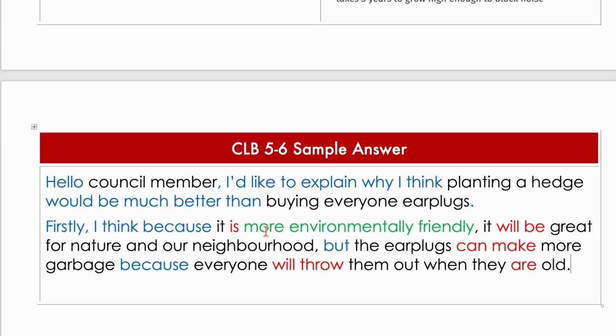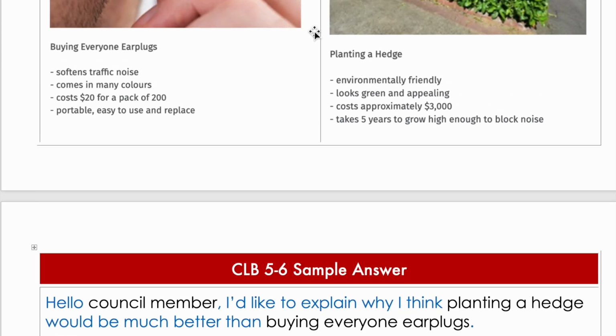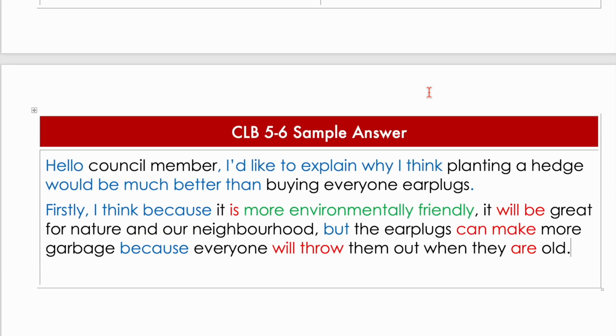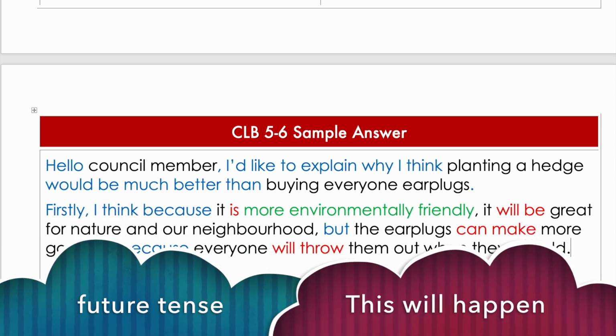We said it's more environmentally friendly, so that's better. But see, we compare to this side. Everyone will throw them out, so it will make more garbage. So that was a good idea to start, okay? Let's remember we're using here will be, can make, will throw.